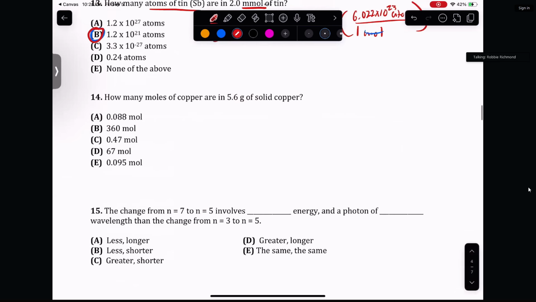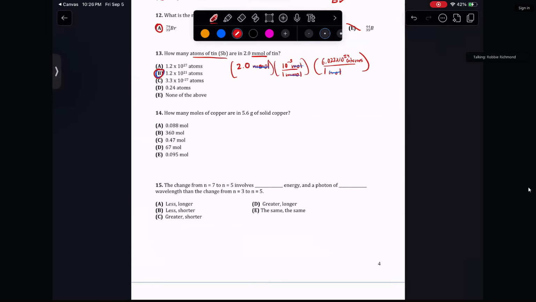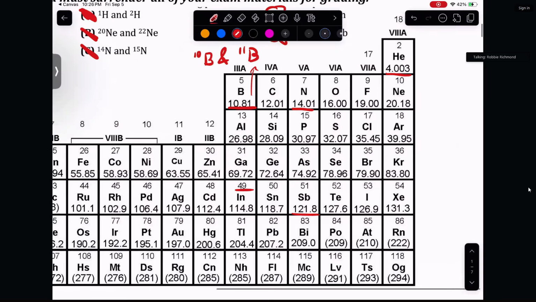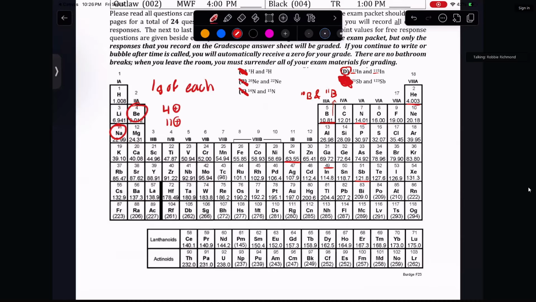Cool. How many moles of copper are in 5.6 grams of solid copper? That is just going straight to our periodic table, looking at how many grams per mole copper is and using that to convert it into moles. So we got 5.6 grams of copper. In each mole of copper, there should be 63.55 grams of copper per mole.